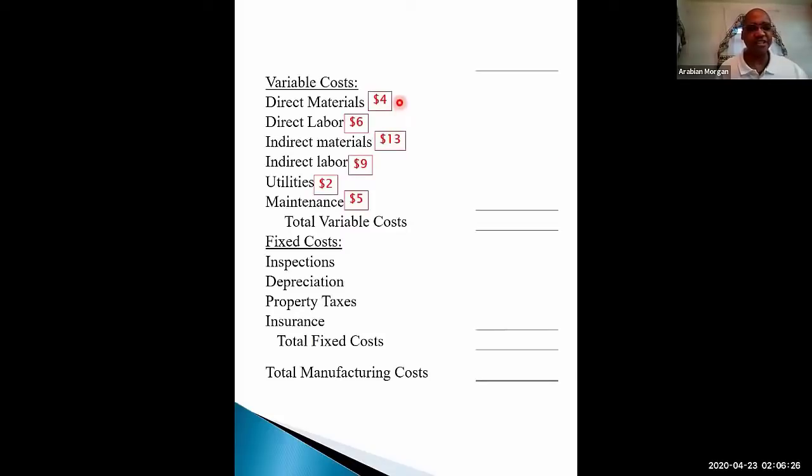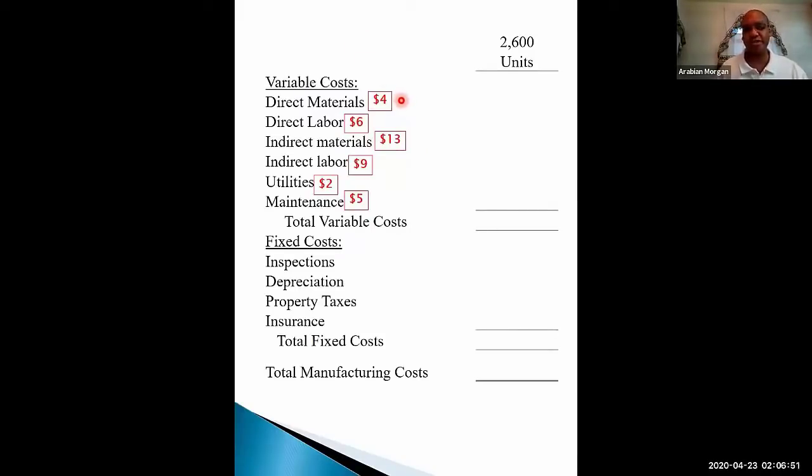What I've done here is just written in next to the words variable cost all the per unit dollar amounts to help me. But we're going to multiply all of these per unit dollar amounts for the second column times 2,600 units. So write in 2,600 units on that top line, and then I want you on your own to calculate 2,600 units times $4.